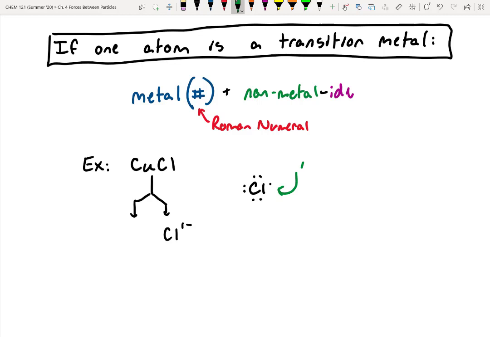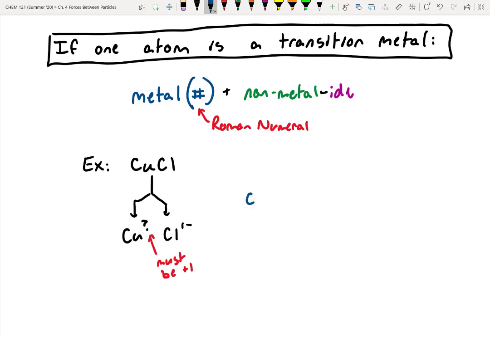Well, I'd say it'd be a lot easier to just gain 1 electron, giving it an overall 1 negative charge. So we're confident with chlorine. But then the question is, well, if we're confident that chlorine's -1, what would copper have to be? In this case, it would have to be +1.